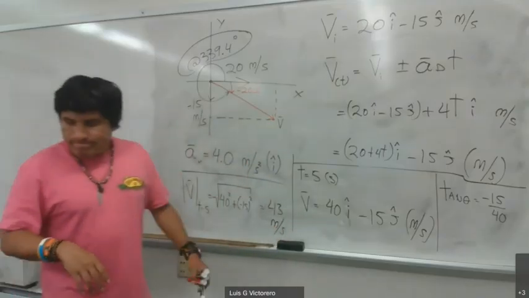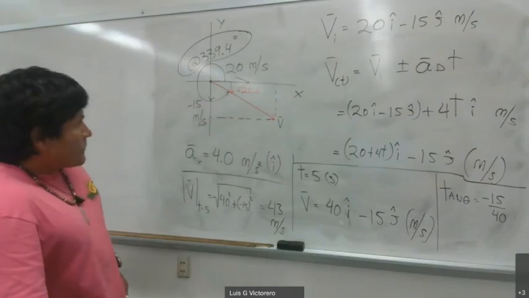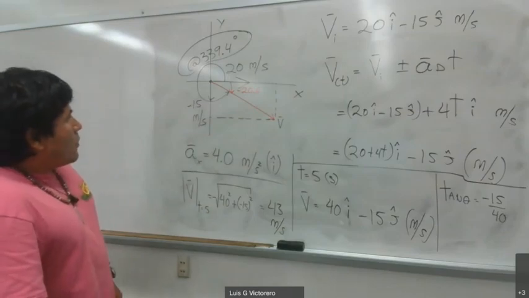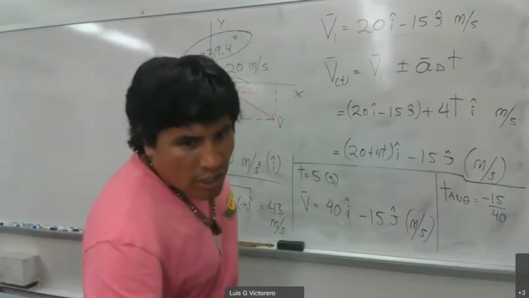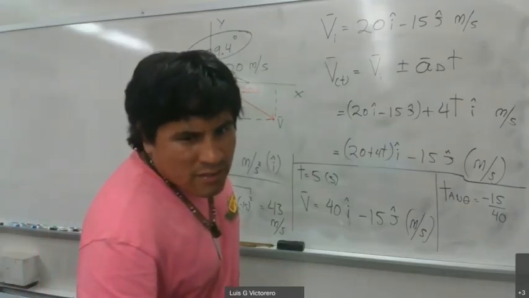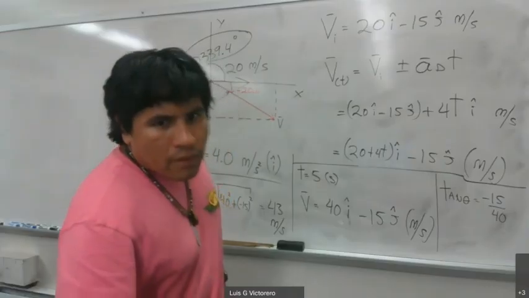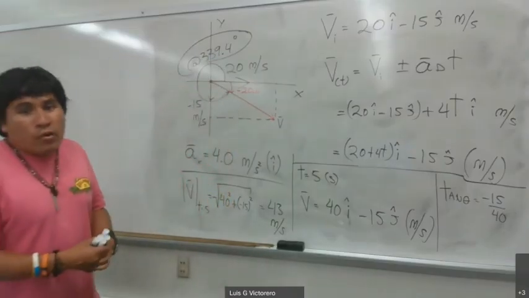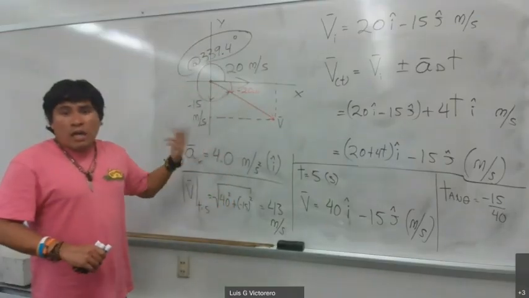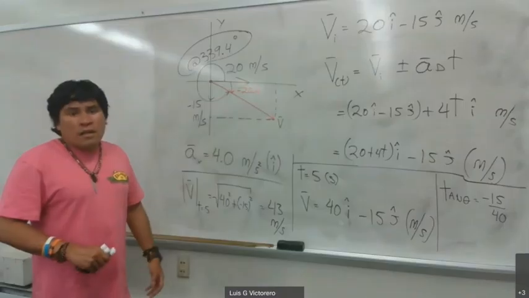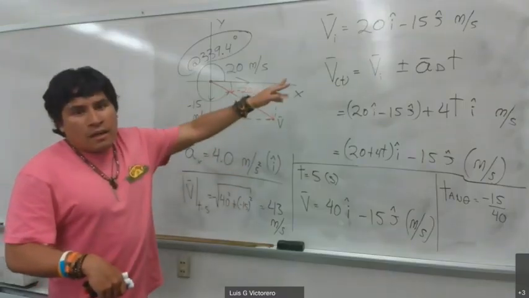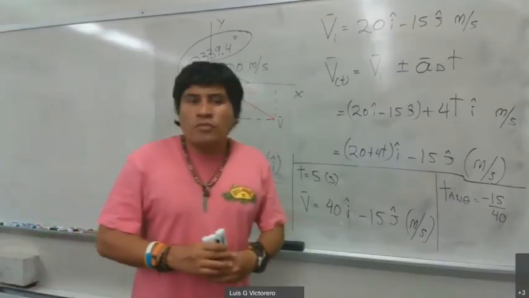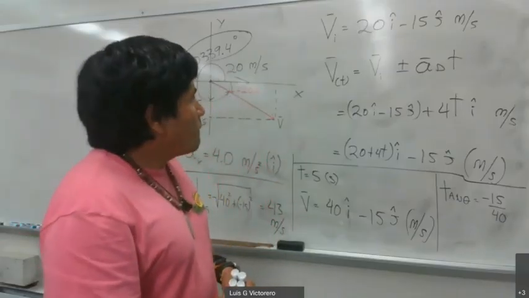Okay, so I will probably start with an example to show you how things can now be changed in two directions. As I said before, this is a chapter where we are going to be reviewing some of the previous concepts: velocity, acceleration, speed, and some of the equations of motion.